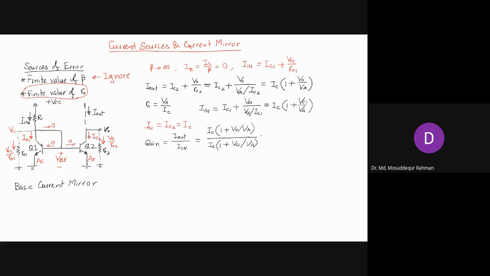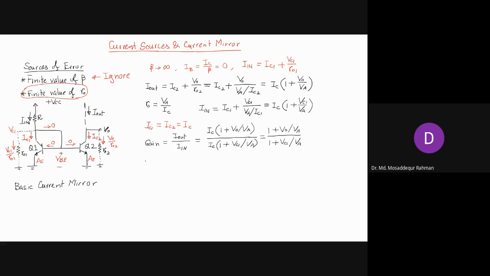So after simplifying this, we can express this as 1 plus V naught by VA, divided by 1 plus VC1 by VA. So that's the gain expression.